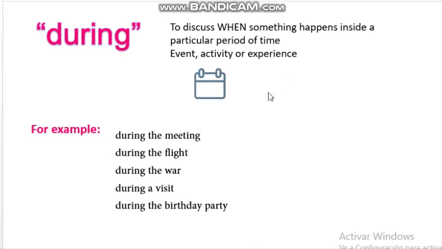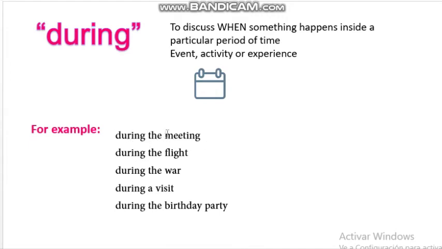We use during when something happens in a particular period of time. This period of time begins at a moment and ends at another one. So the examples will make it clearer.